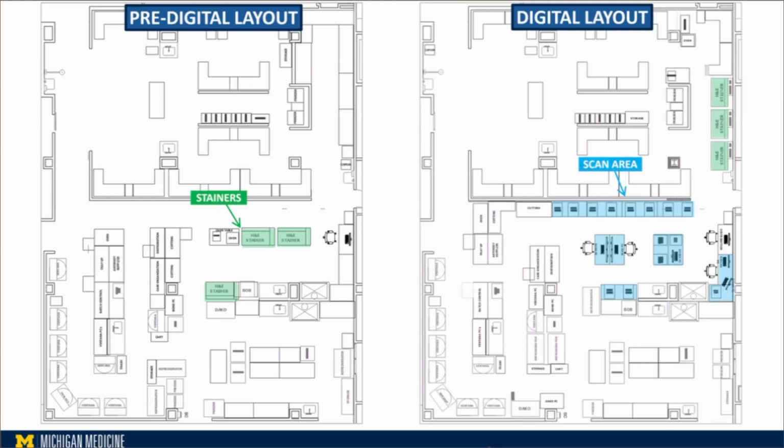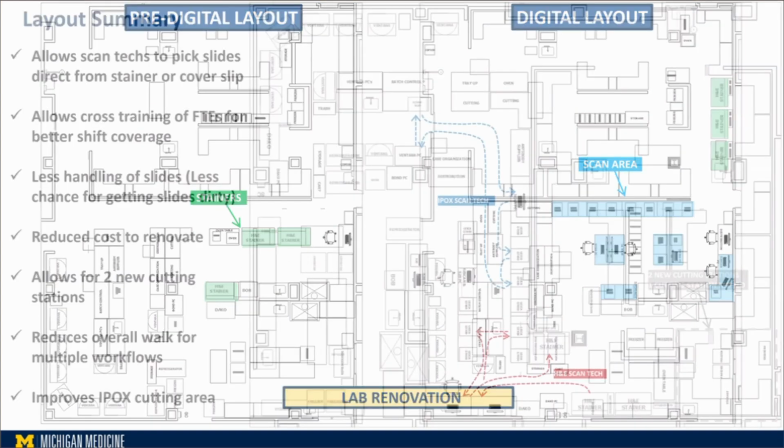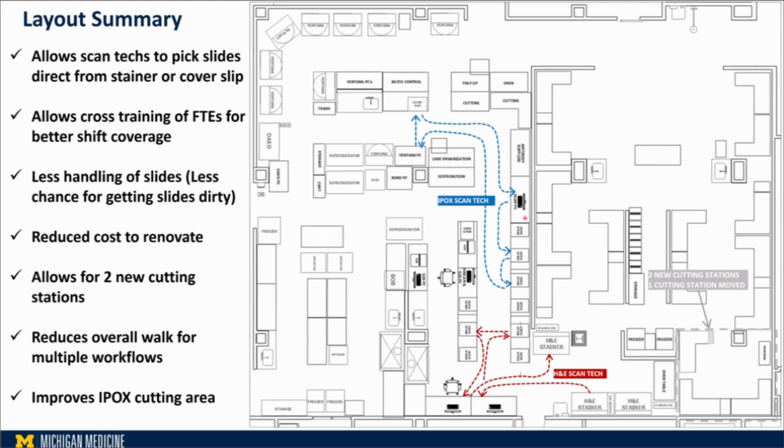Lab renovation, we also studied what is the best way to renovate the lab or where we should put things. And here what I'm sharing with you is the pre-digital versus the digital layout. Our scanners, the stainers were in the center of the wet lab. And then when we moved into digital, we made the scanner the center of the lab to have a seamless workflow.